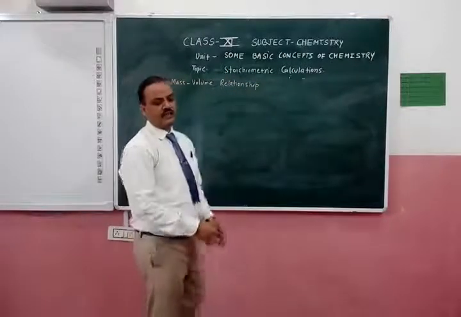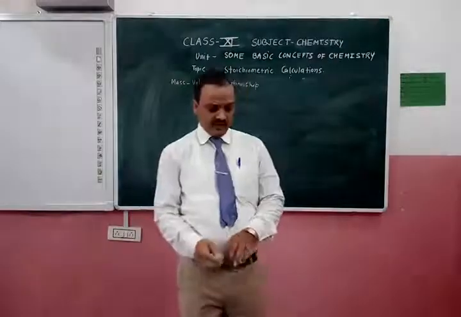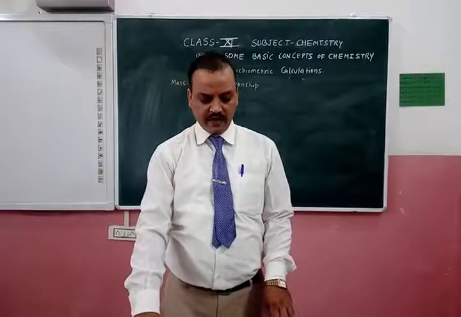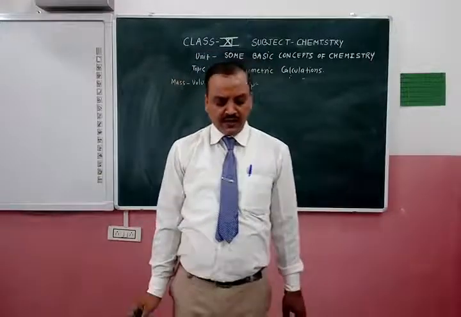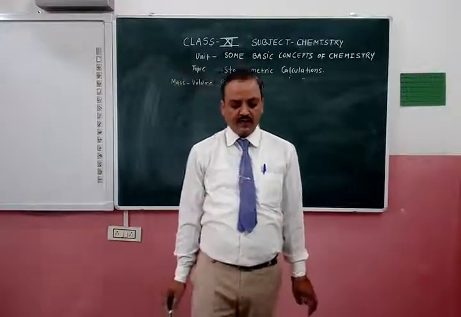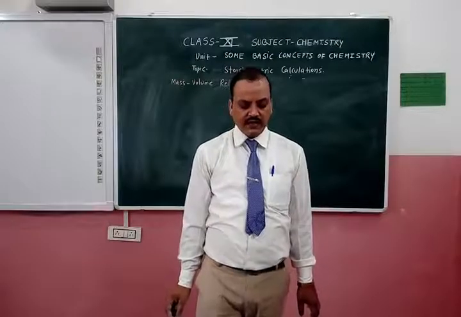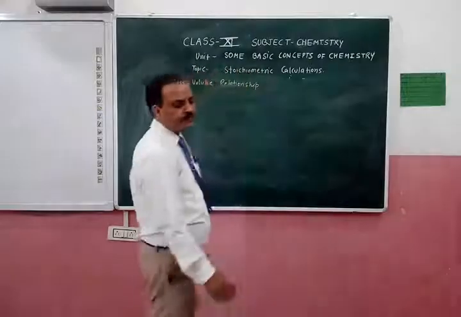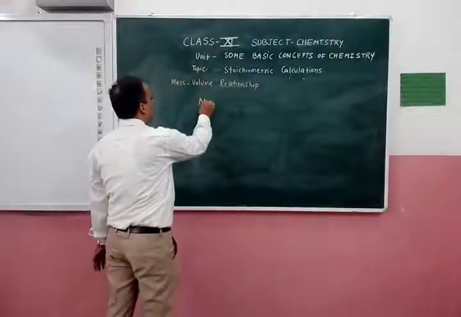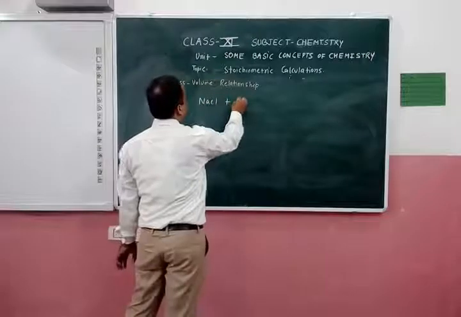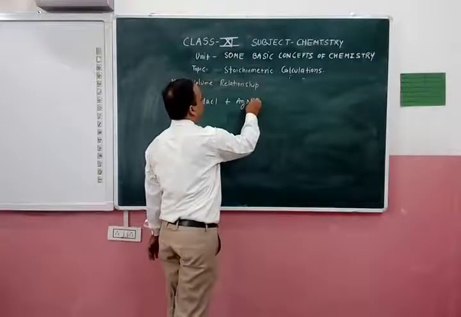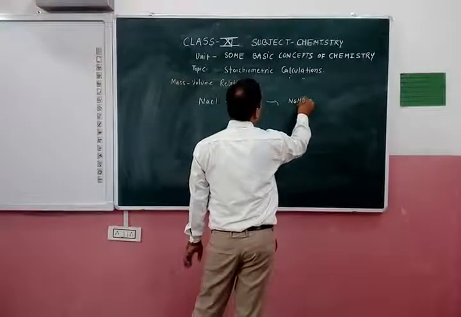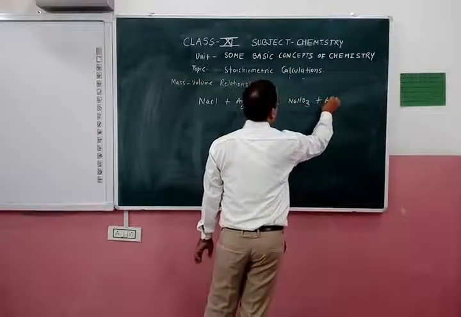In this relationship we have to complete these questions, and we have a question: an impure sample of sodium chloride which has the weight of 1.2 gram. We have the equation of NaCl and silver nitrate, and in this we get sodium nitrate and AgCl.